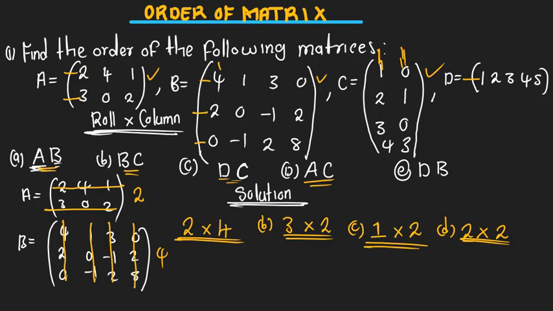And we go to DB. DB is going to be row by column, so it's going to be 1, then 1, 2, 3, 4. So this is going to be a 1 by 4 matrix.